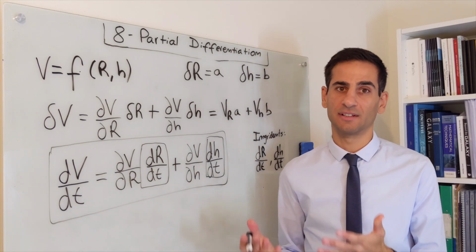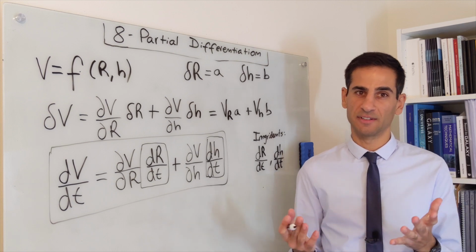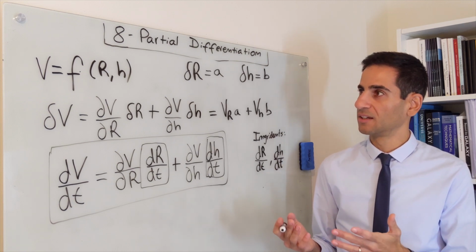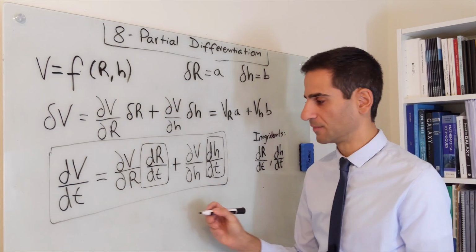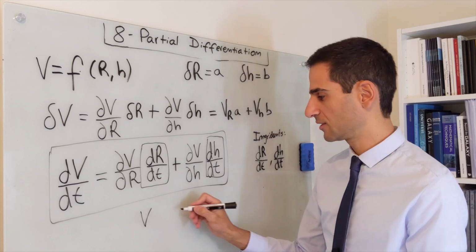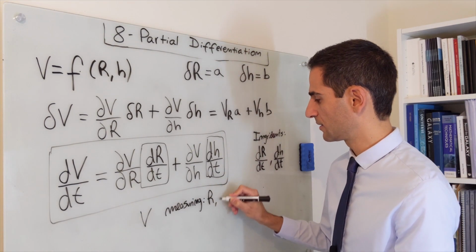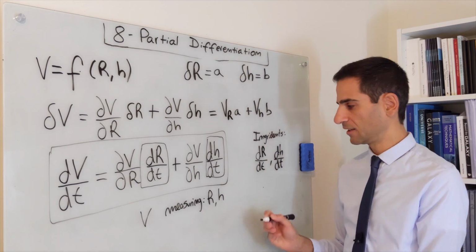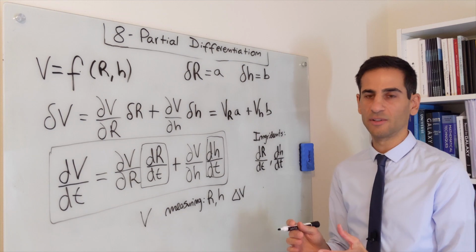The other application that total differentiation has is, for example, to estimate errors. And specifically, in keeping to this example, if you have some volume that you want to estimate, and in the lab what you're actually measuring is some radius and some height, then you can estimate essentially the error in the volume.